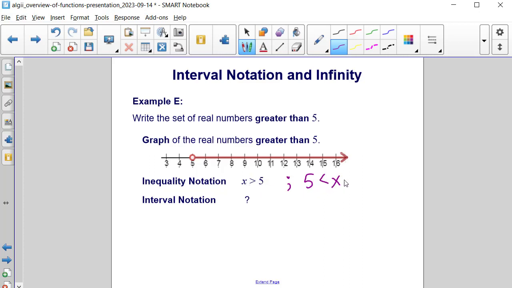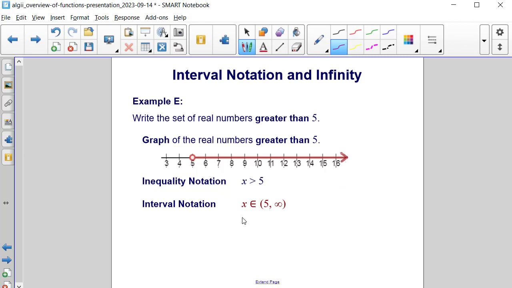So these are equivalent, but then it's less than infinity. And this will help us with the interval notation because we're going to begin with 5 as our lower bound, and it's not being included. So we just do the regular parenthesis, and then it goes up to infinity. And remember, we also have to include the x is contained in symbol at the beginning.